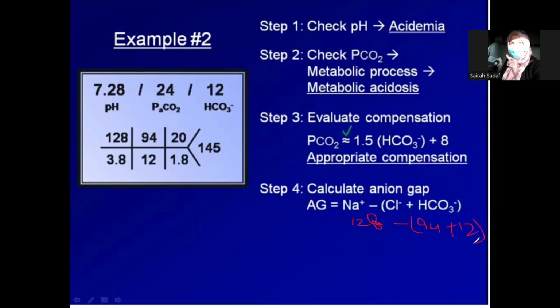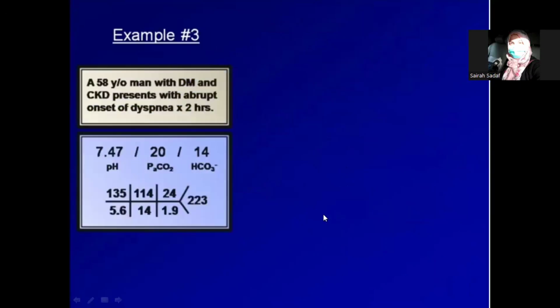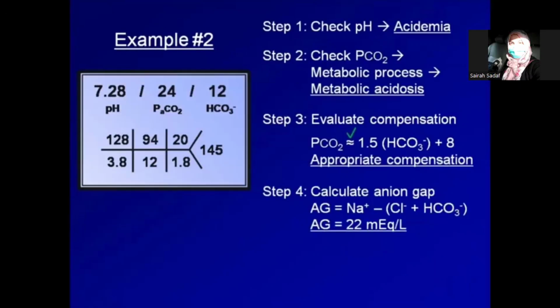Now you have to calculate it. 94 plus 12, this is 106. And this is 128. This is 22. Yes, you all are right. It's high anion gap. Exactly. Well done. Very good. So this is a high anion gap metabolic acidosis that is appropriately compensated.